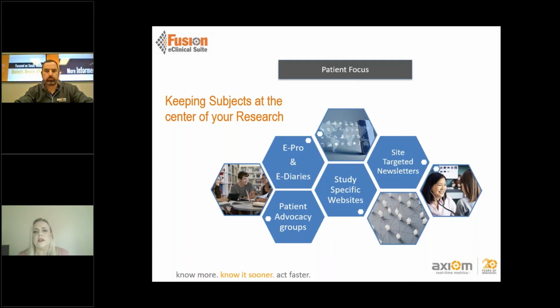The creation of websites describing your study can be very helpful to patients looking online for information, or their families. Axiom has created many websites in the past for studies, and we can also help our clients submit them to regulatory bodies for approval. One of the other things that we're probably all more familiar with are site newsletters. So site newsletters keep the sites engaged and your rare disease study at the forefront of their minds.